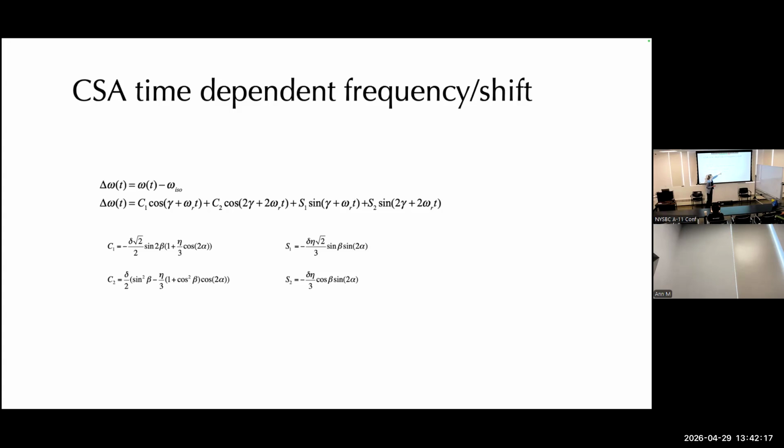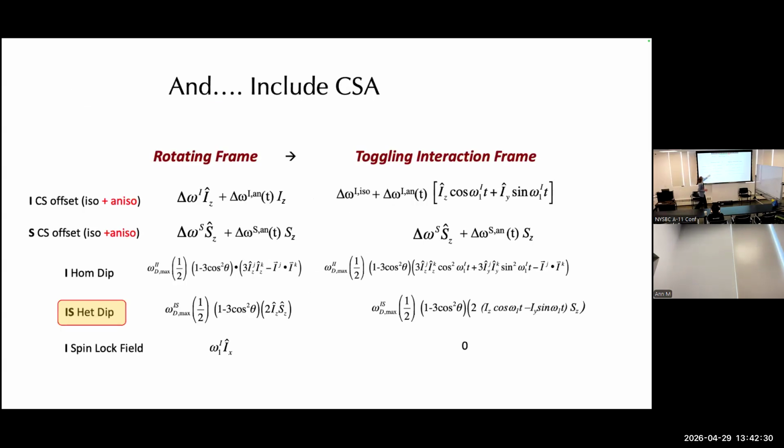You could set eta equal to 0 and simplify it massively, but in a general case, this is the worst it could be. So that is what I mean here by delta omega, up to the thing we derived.